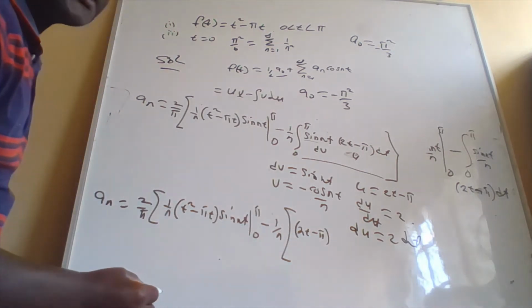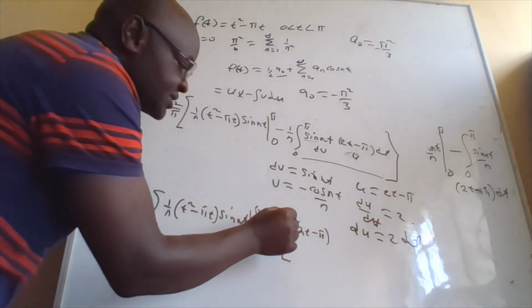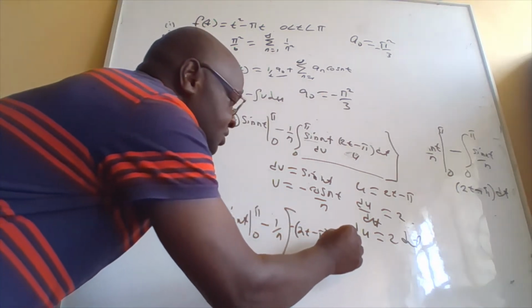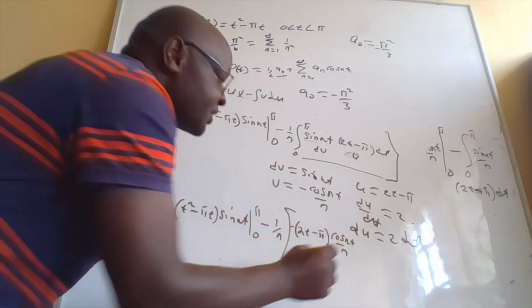Our v here is minus cos nt all over n. So I can start with that negative here, so that I write cos nt all over n.